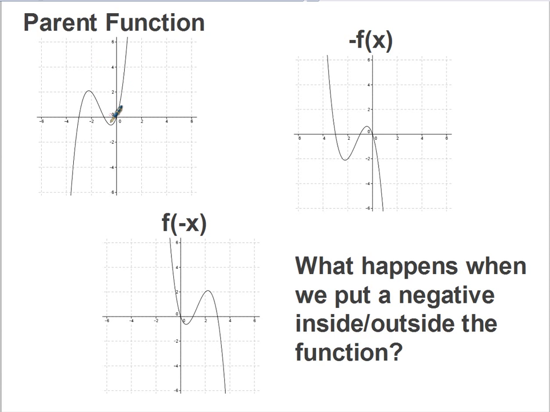I'm still going to, on my calculator, stick with the absolute value for just a minute. And let's take a look at what happens if I put a negative on the outside. In equation notation, that means I'm going to put a negative outside the brackets. Let's take a look at what happens on a calculator.